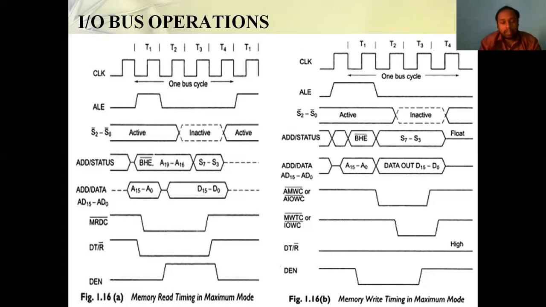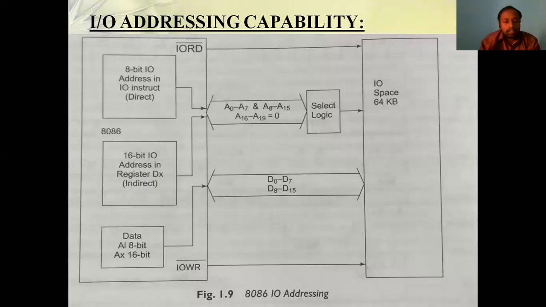Depending upon the situation, whether I should write or read, that is data transmission. Writing means transmission, so DT/R bar should be high, and for a memory write, the write pin will be low, so that the data coming out of the processor will be provided to the memory at that particular address. These are the few things.